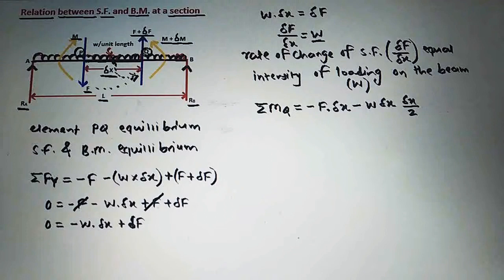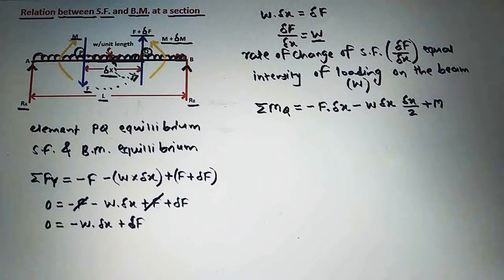Then we will take the moment of this F plus dF, but this force is passing through the point Q here. Because of that, the moment of this force F plus delta F is equal to 0. Then we will take these two moments here, M and M plus delta M. The moment M will be clockwise with respect to point Q here, so we will take it as positive.